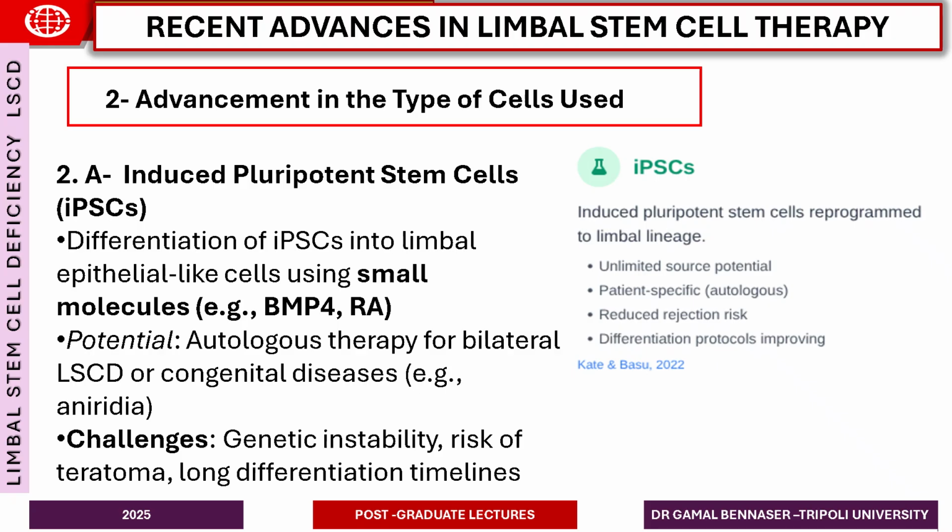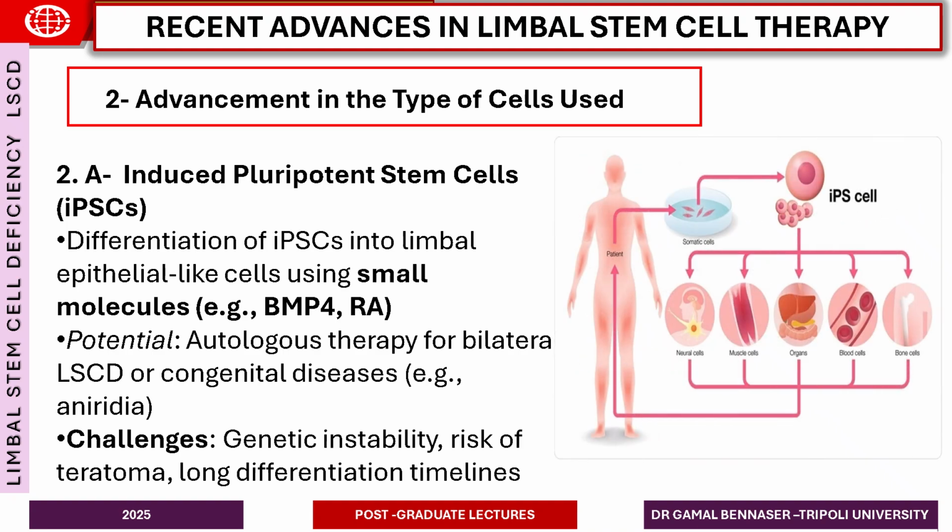However, now they start using what's known as induced pluripotent stem cells, and we have explained earlier the meaning of pluripotent cells. These induced pluripotent stem cells are induced by genetic engineering so that they become programmed into adult limbal stem cells. These cells will provide a very good source for autologous allografts, where there is less immunological burden to the eye, so there will be very low risk of rejection.